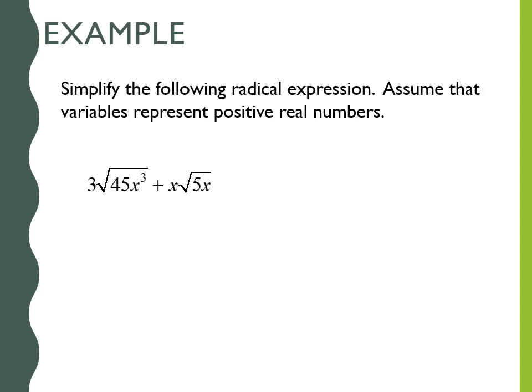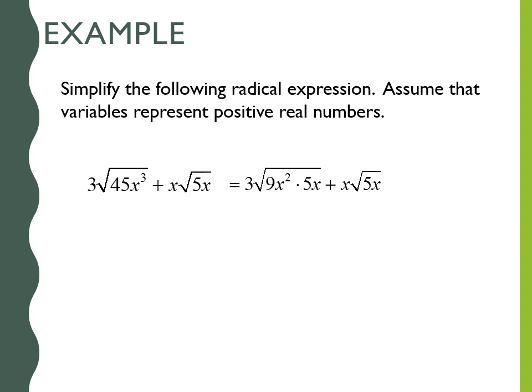Okay, well, what happens when there are variables involved? Well, same thing. You want to get it down to its simplest radical form. So when I look at 45x to the third, I want to think of what is the largest perfect square that goes into 45, and I want to think of how can I separate x to the cube between having an even exponent and an odd exponent of 1.